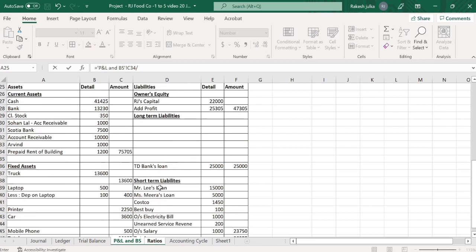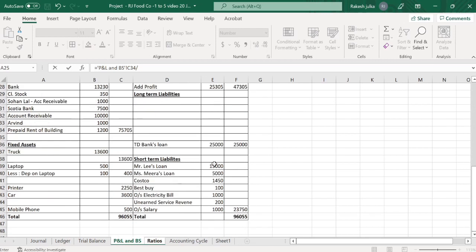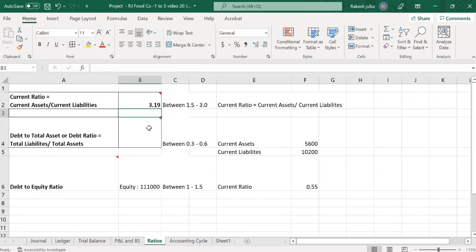Current means less than 12 months. This loan is long-term, so I'm not going to add this one, but I'm going to add all these plus this one that we have already added. So this one divided by this one, meaning current assets divided by current liabilities. When I press enter, I see that 3.19 is the current ratio.